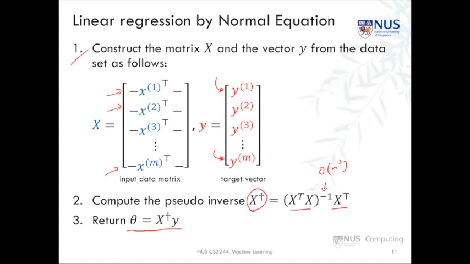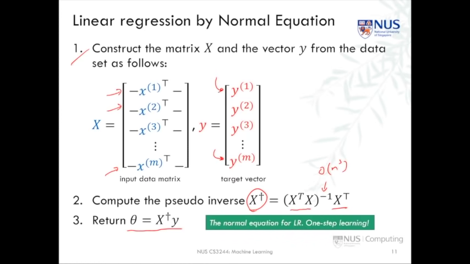So you can think of this as the normal equation for linear regression, where we get one-step learning. We just do these particular 3 steps, which is only bounded by the computational complexity of the number of features in cubic form, and then we compute the solution. There's no iteration necessary, it's just closed form.